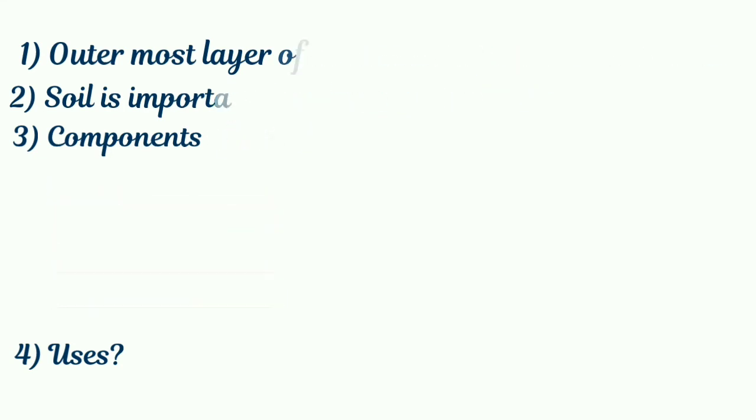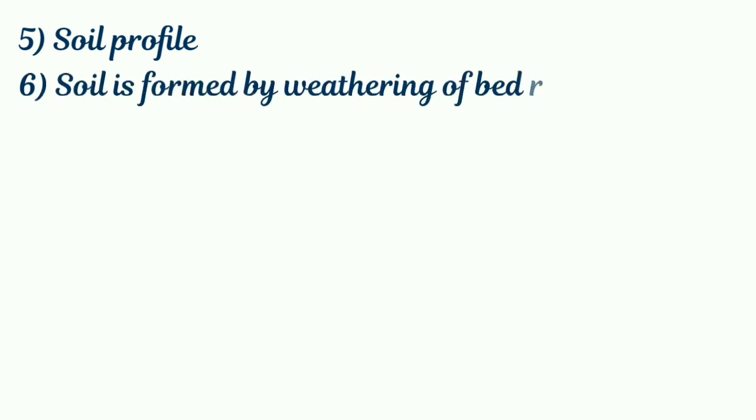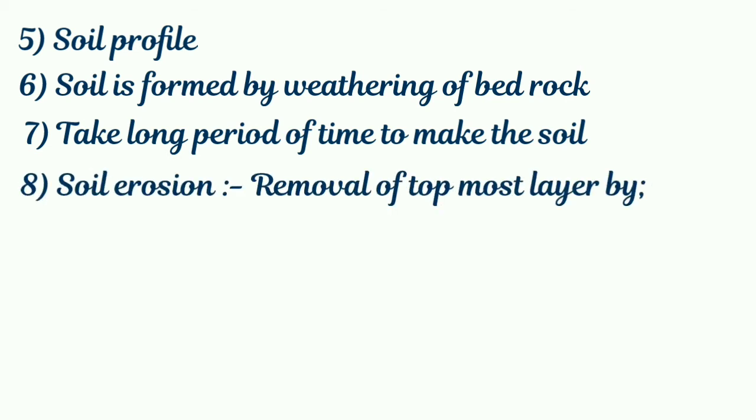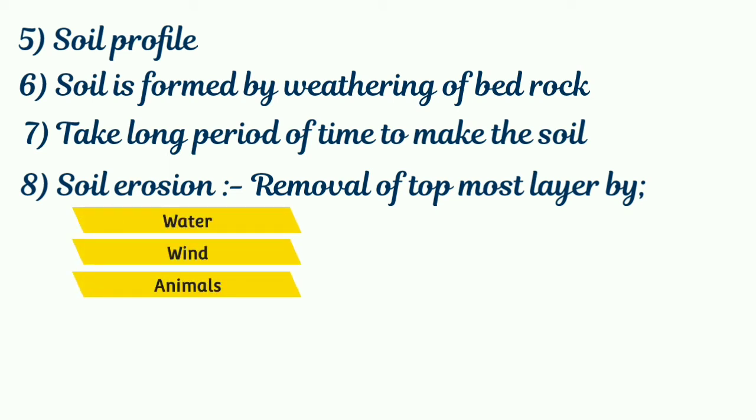And we have discussed the soil profile. Soil is formed by weathering of bedrock. It takes a very long period of time to make soil. And we have discussed soil erosion. Soil erosion is the removal of the topmost layer of a particular location by water, wind and animals.